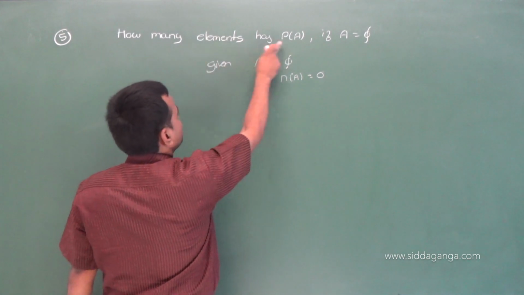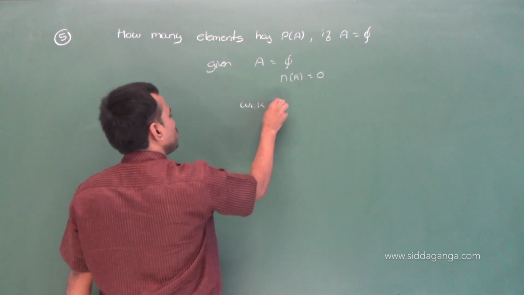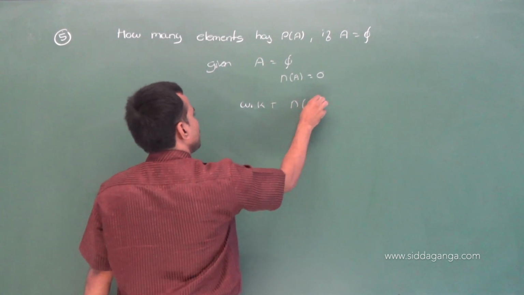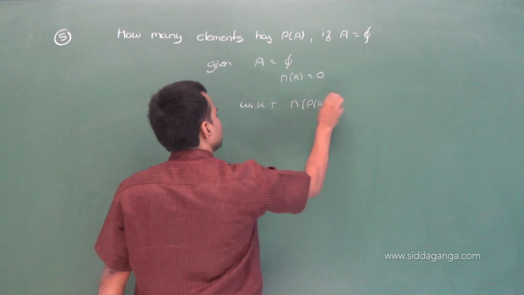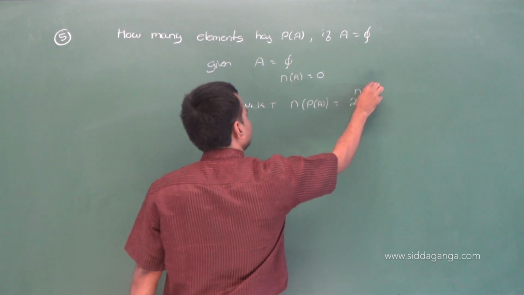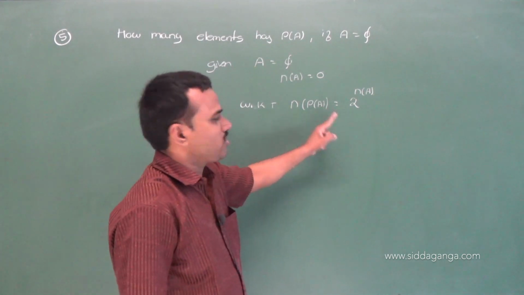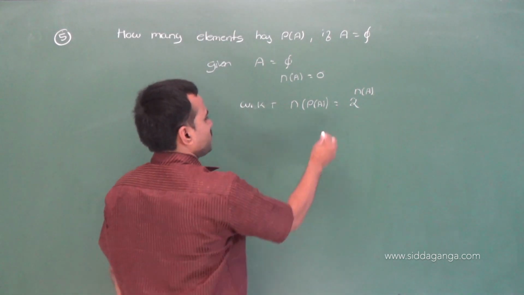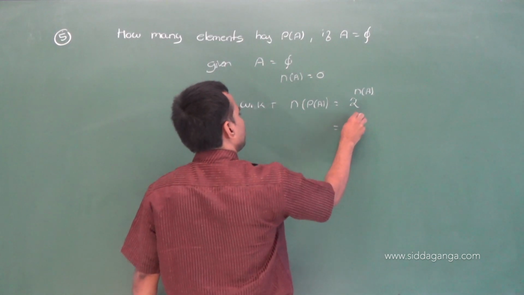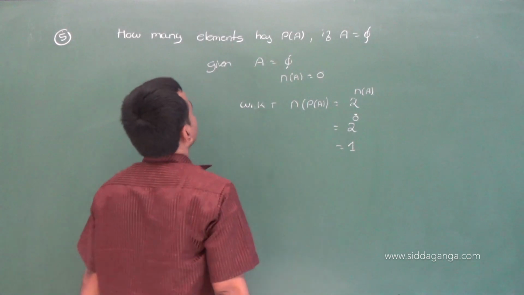Now how many elements of P of A? We know that n of P of A, correct na, is equal to 2 to the power n of A. Just now we discussed. n of P of A is equal to 2 to the power n of A. That implies 2 to the power 0. 2 to the power 0 is how much? 1.